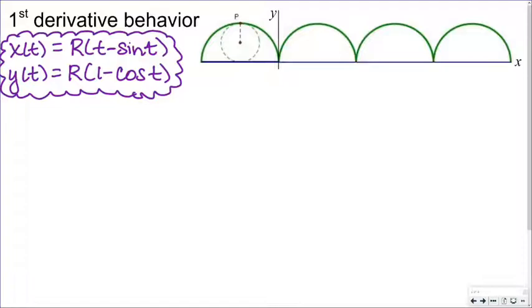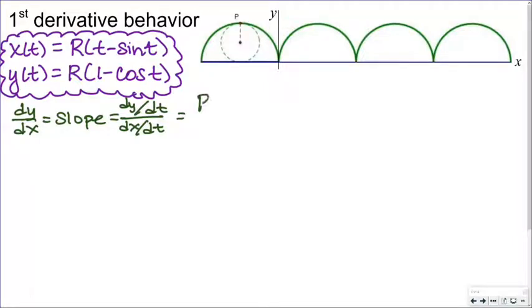So the slope here is going to be dy dt over dx dt. The derivative, r is a constant, so it's just a multiplier. So the derivative of y is going to be r times negative negative sine t, or just r sine t.